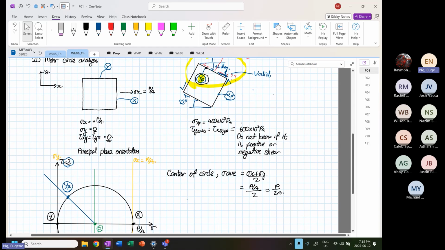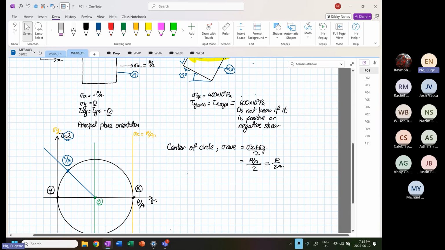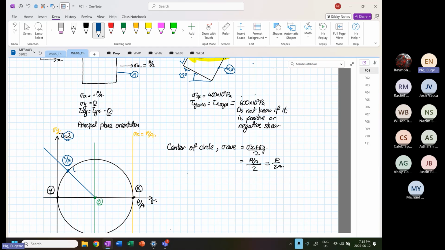Now, given to us, we have two values: a normal stress of 400 and a shear stress of plus 400, and a shear stress of 600, and both are in kilopascal. So this is the normal stress, and we are given shear stress.